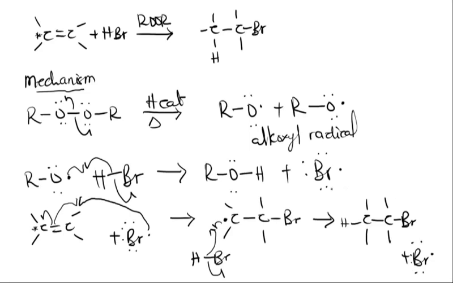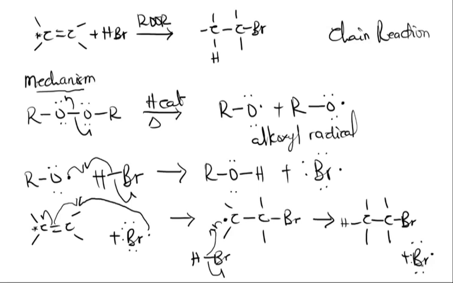Now this is our product. This we have over here is our product, but we can see that we have another bromine radical in solution. Because we still have another bromine radical in solution, this reaction is described as what? As a chain reaction. That is, even upon getting the product, the bromine radical will still be produced.